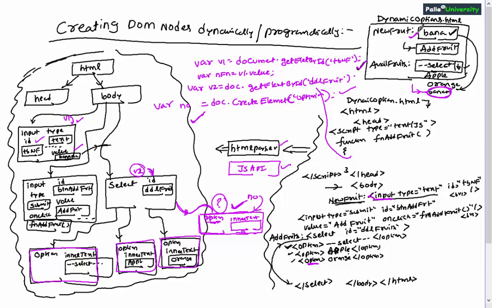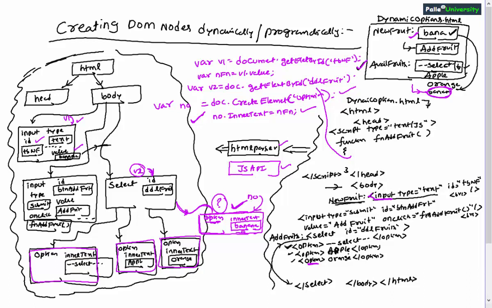We already know that the text box data is present in the NFN variable. Now we need to fill that data into the inner text property. How to do that? NO dot inner text property will be present, and you have to assign NFN. So once this code is executed, that banana, the newly given fruit name, will be stored into this one.